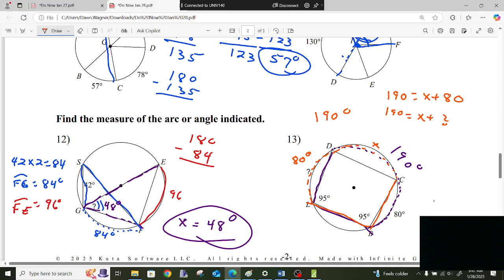Well, it has to be 80 because you have the two x's that are exactly the same here. This piece right here is the same for both. That'd be the x. And x plus 80 has to be 190. So this other piece would have to be 80 for it to add up to 190.